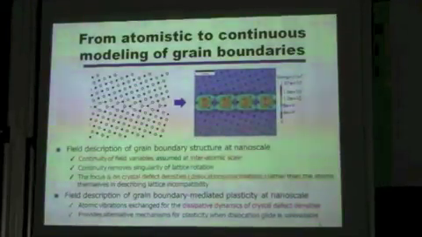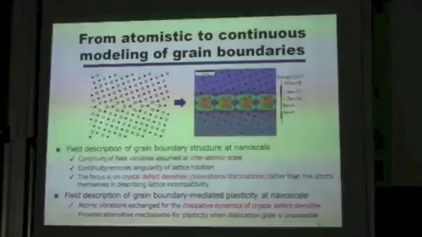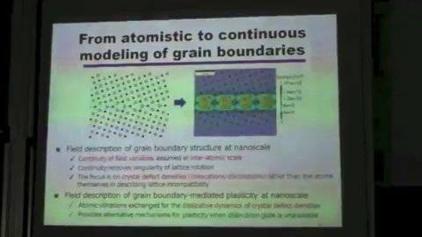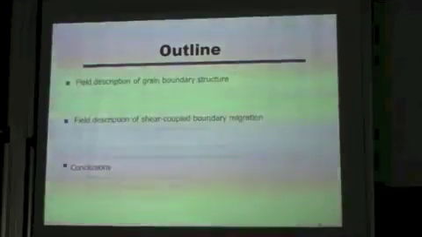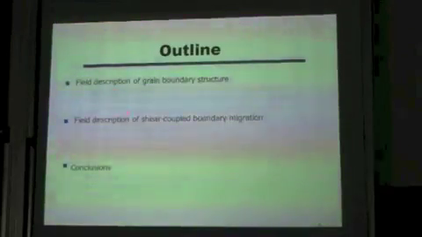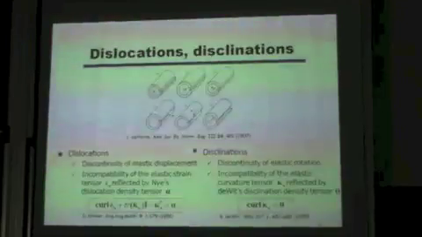So you will see that in this way we can provide alternative mechanisms for plasticity when dislocation glide is unavailable, either in ultrafine grain materials or in materials which are deprived of slip systems. Okay, so the outline is first an elastic part, plastic one, and then conclusions. More details, but I will skip this.